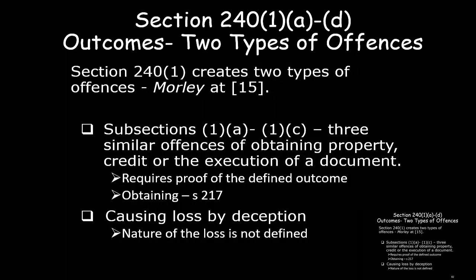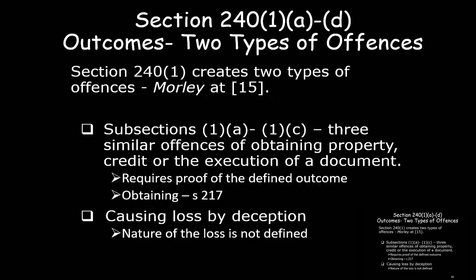And you should point to which subsection you are relying upon. So the prosecution's required to actually say which subsection they're relying upon and the outcome that is actually obtained.